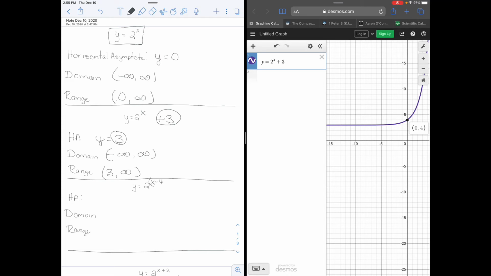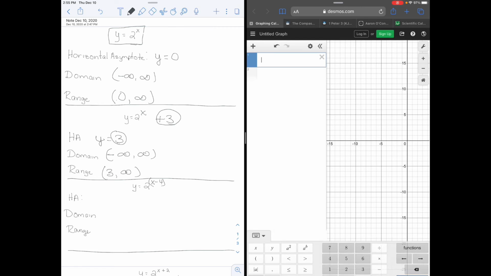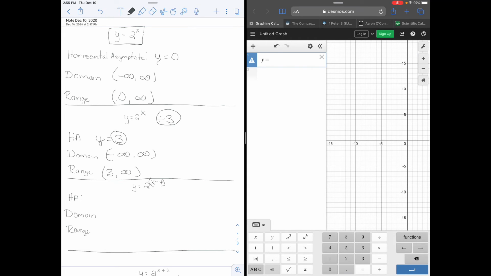This is like a parenthesis. Okay? So knowing what we know about if we put something in that parenthesis, what's going to happen to it? So we're going to say 2 to the parenthesis x minus 4. So what do you expect to happen to that from all the problems that we've done in the past? What do you expect to happen?